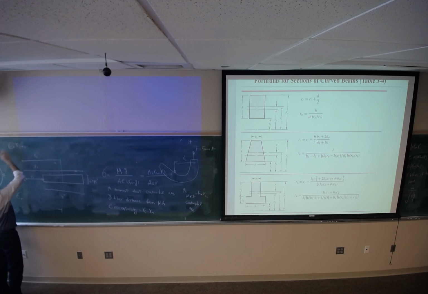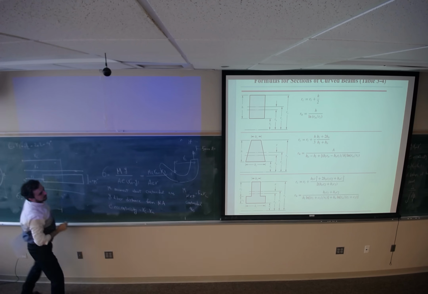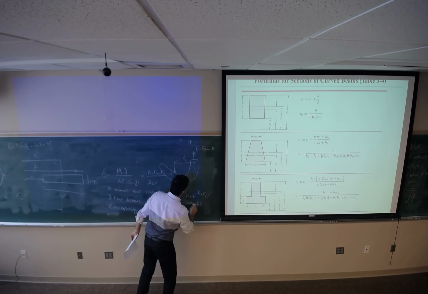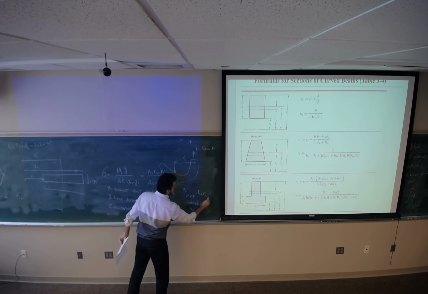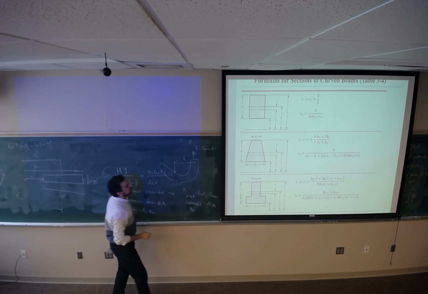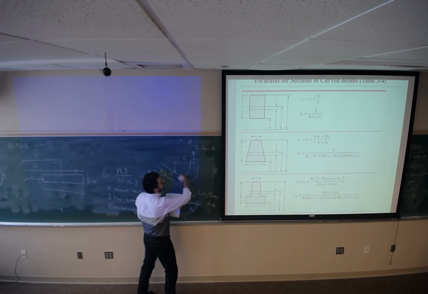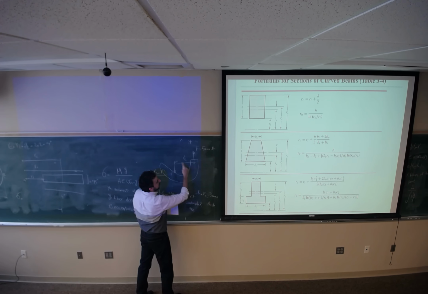Half of h is 4 divided by 2, so 2 plus 2 is going to be 4 inch. So 4 times 5,000 is going to be 20,000 pounds inch. So this force is making a 20,000 pounds inch moment.